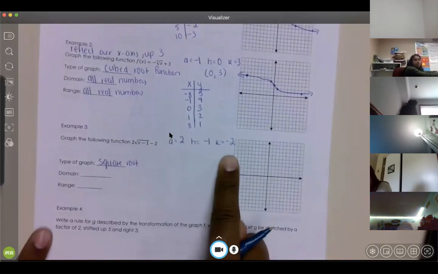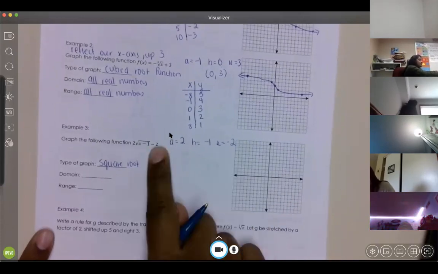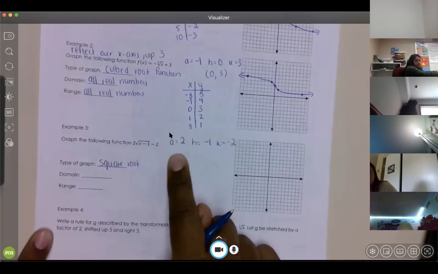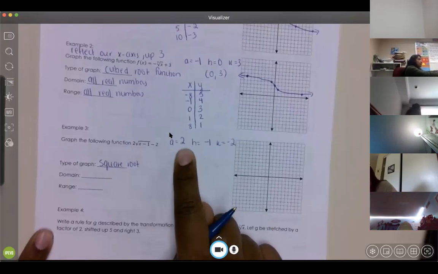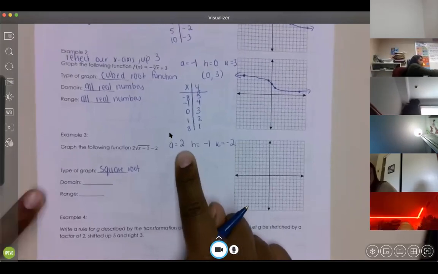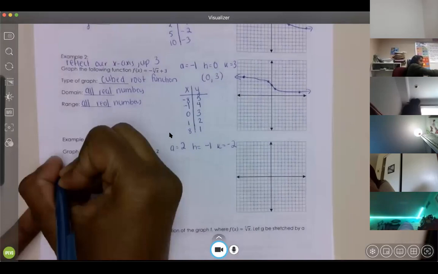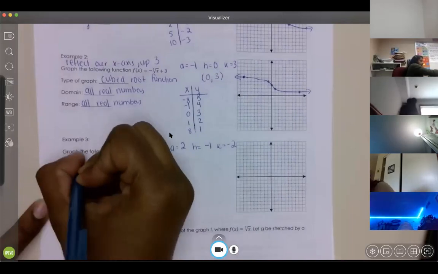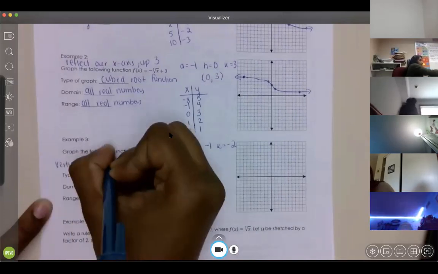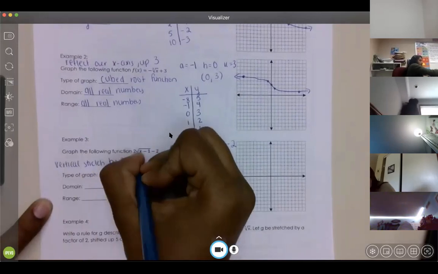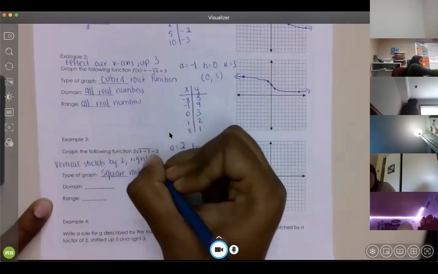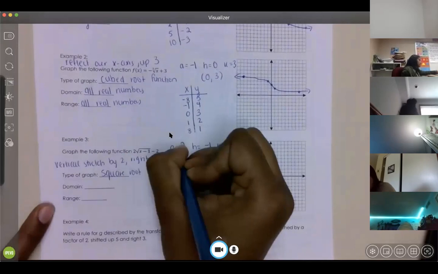What does the K do? Down 2. Down 2. And then the A value, if it's positive, then it's not reflecting. But it's a 2, and 2 is bigger than 1, so it's going to be a vertical stretch. So it's a vertical stretch by 2, right 1, and then down 2. Any questions about that?